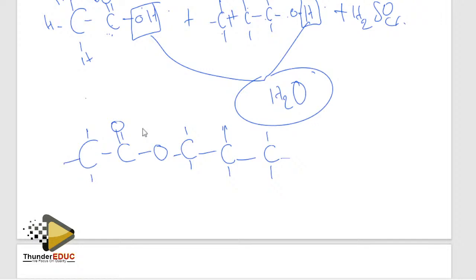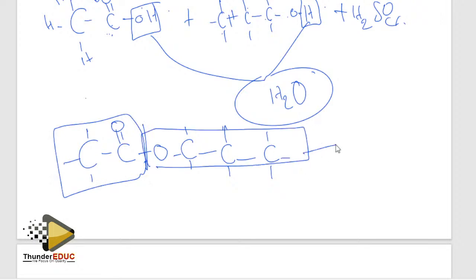But now, this is where that one comes from. While this becomes the alcohol, and then this becomes the carboxylic acid, because we have this part. So how do we name it? We have to say that 1, 2, so it is the propanoate. So no, it's ethanoate. 2 is eth.